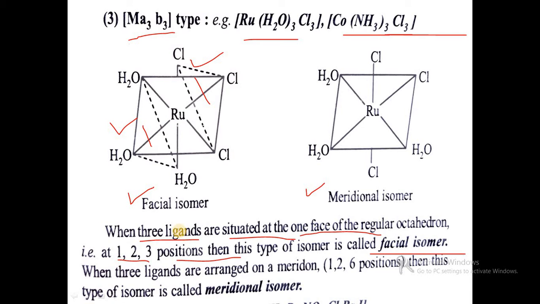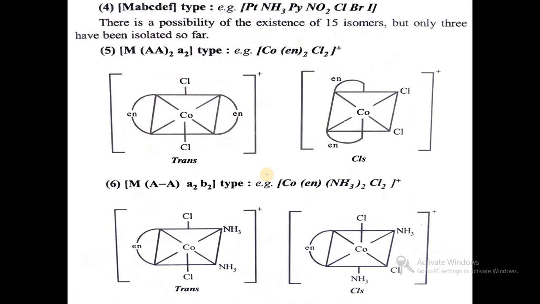And when 3 ligands are arranged on a meridian, that is positions 1, 2 and 6, then this type of isomerism is called meridional isomerism. If we keep 1, 2 and 3 like this, they are facial. But if we keep 1, 2 and 6 positions, they are called meridional isomers. So this is about facial and meridional isomerism in geometrical isomerism.